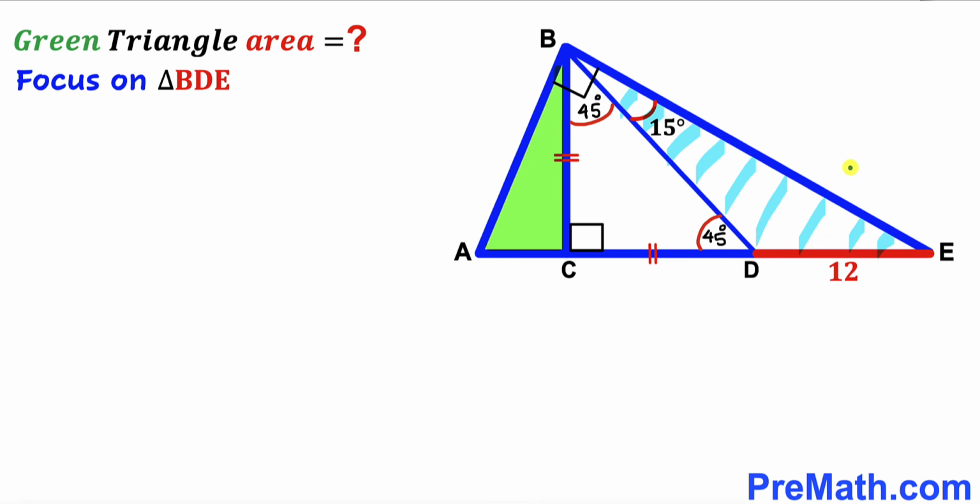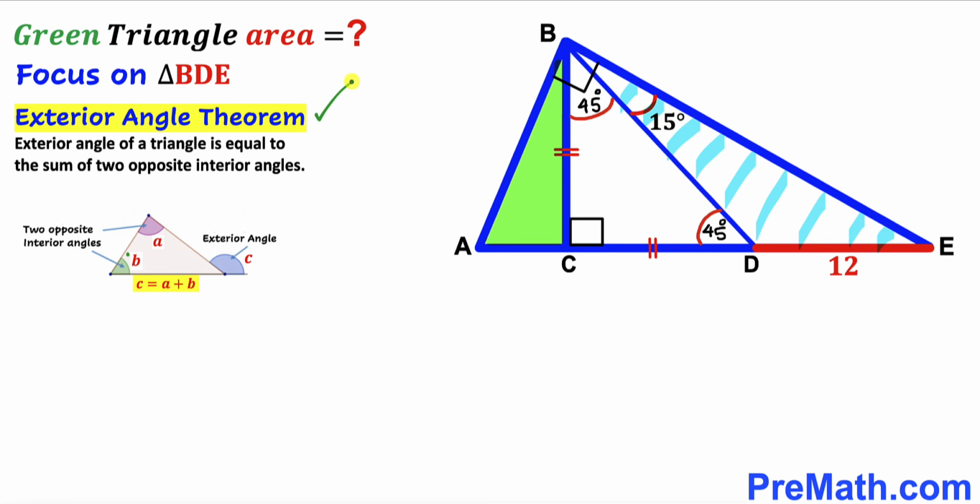And here's our next step. Now we are going to focus on this triangle BDE. Let's recall the exterior angle theorem. According to this theorem, the exterior angle of a triangle is equal to the sum of the two opposite interior angles, as you can see in this given diagram.